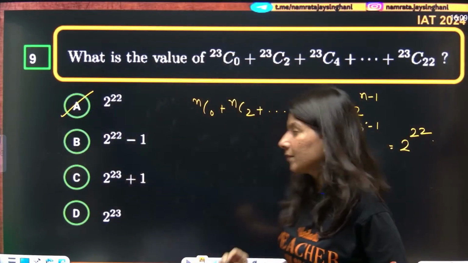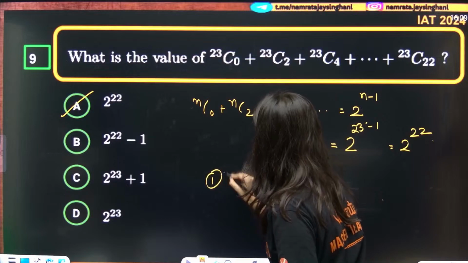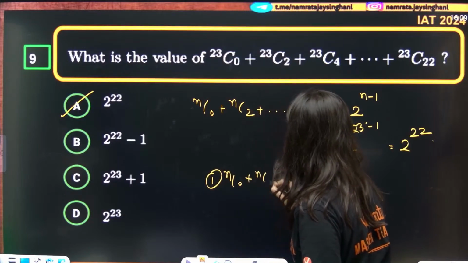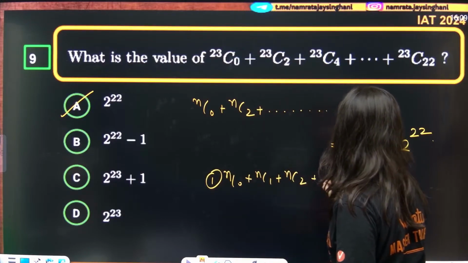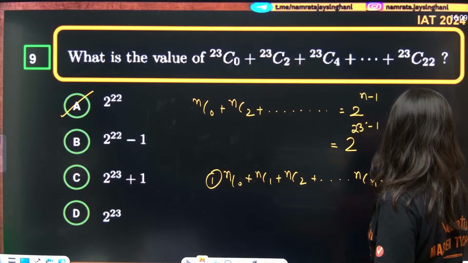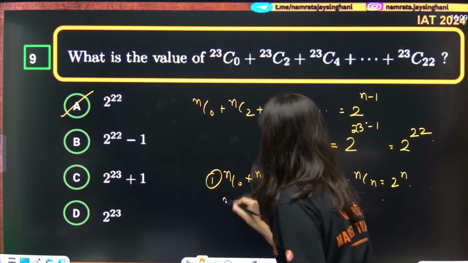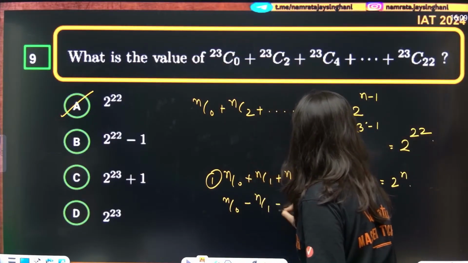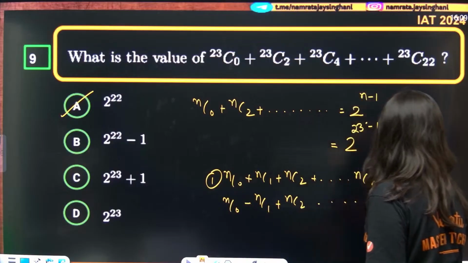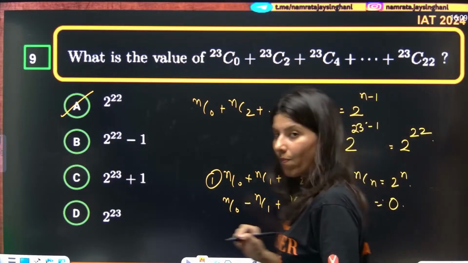See, let me tell you. First thing you should remember, NC0 plus NC1 plus NC2, the complete series up to NCN, is nothing but 2 power n. NC0 minus NC1 plus NC2 and all the way is nothing but 0.